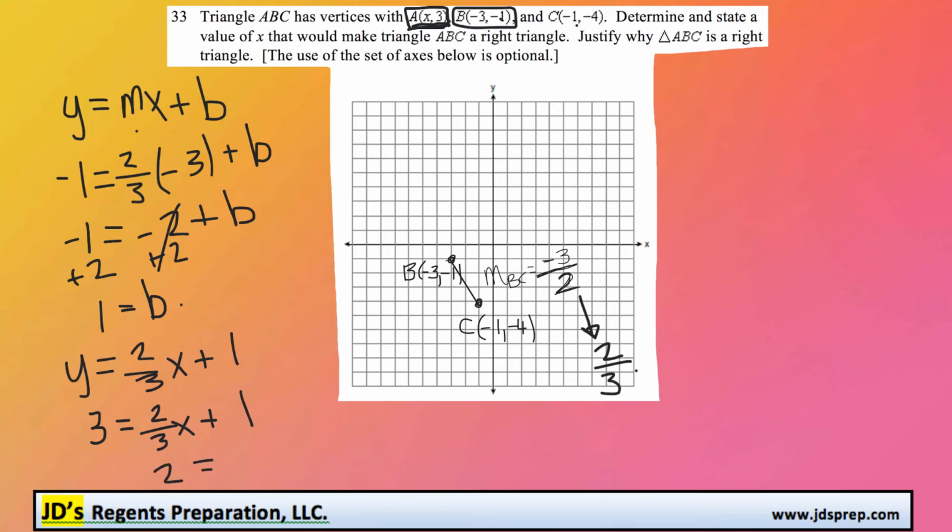We get 2 equals 2/3 x. Then we multiply both sides by 3/2, making those cancel out. So we get that x equals 3. This means that our point A has the coordinates (3, 3). We can go ahead and plot that here.